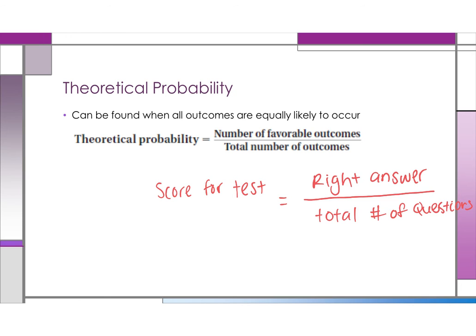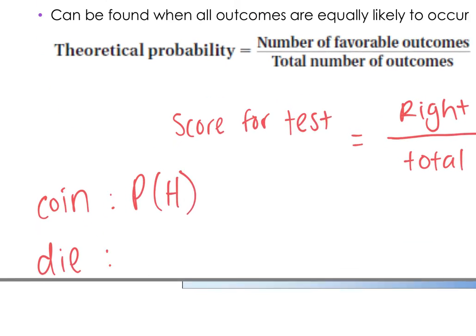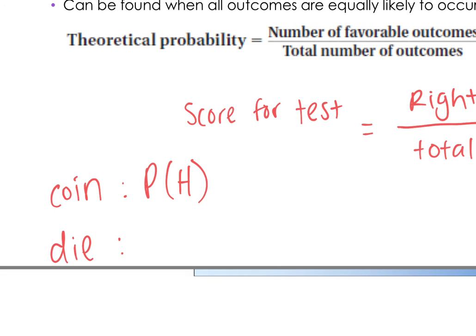So let's go ahead and do 2 examples, okay? One's going to be our coin example, and the other one will be our dice example, okay? So if I asked you, what would be the probability of flipping a heads, okay? We would list it like this: the probability of heads occurring, your event, okay? P means probability. What's inside your parentheses is your event.